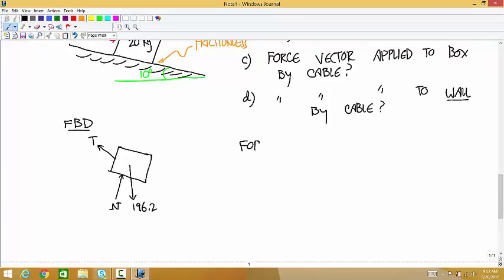All right, so for Newton's second law, we need to represent forces as vector components.